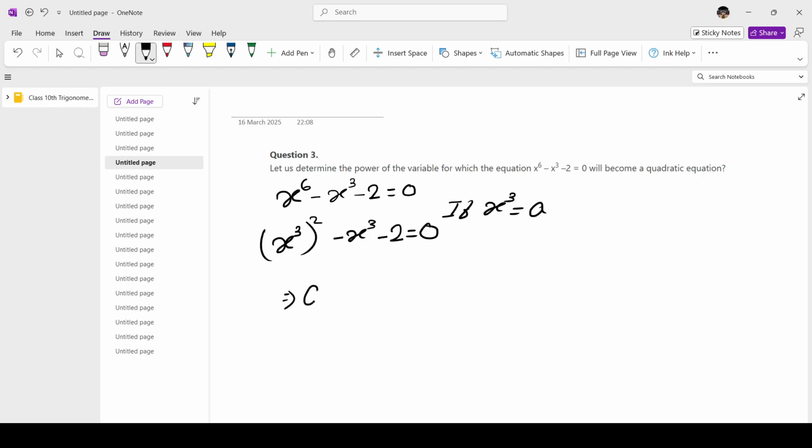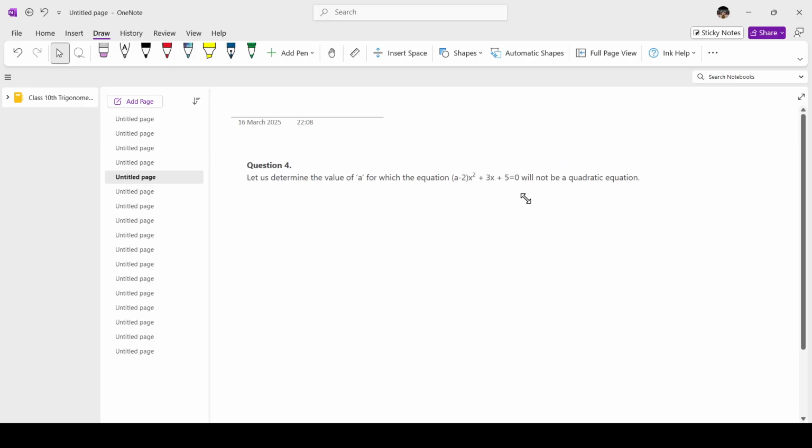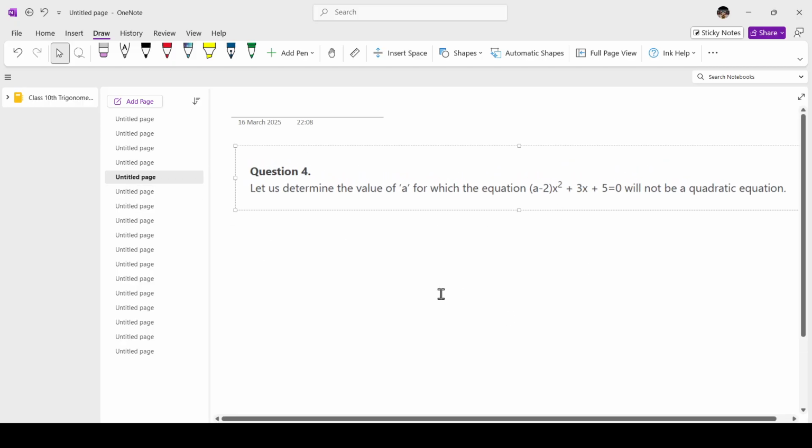Then we can write here y square minus y minus 2 is equal to 0. So therefore we can say that if we put x cube as y, then this becomes a quadratic equation.